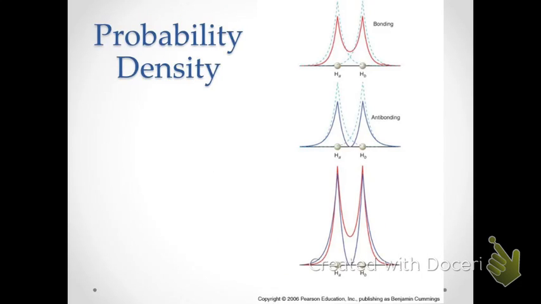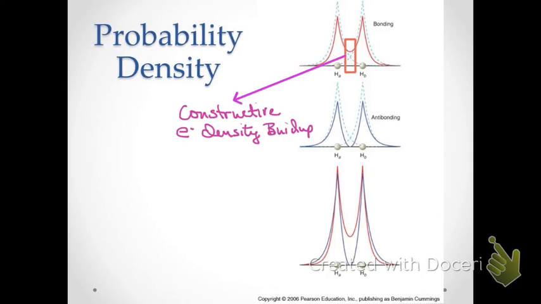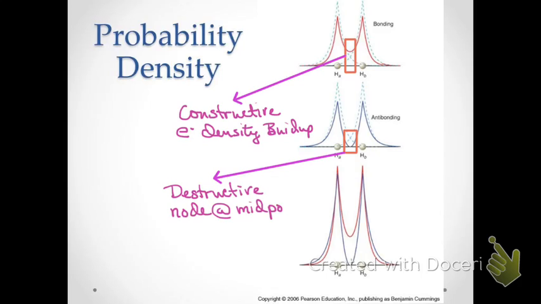Here are the plots of the probability density. We have the bonding orbital above, where we see in the region between the nuclei a buildup of electron density from constructive interference, and then the antibonding orbital, which has destructive interference, and in fact at the very center point between the two nuclei we have a node where there's zero probability of finding electrons.